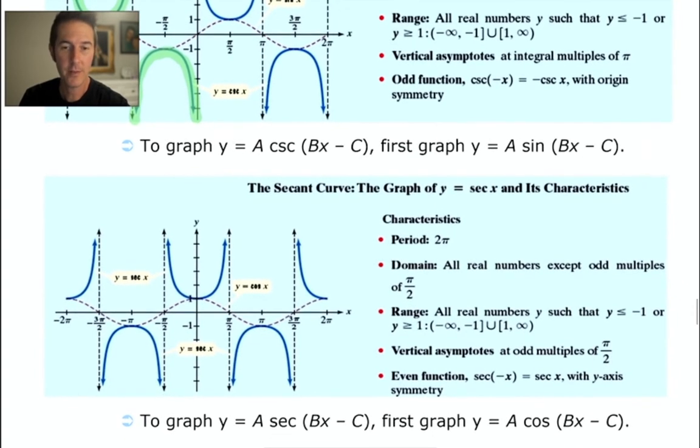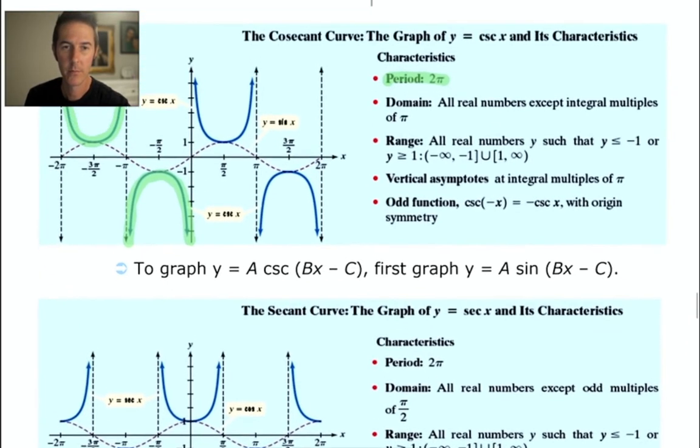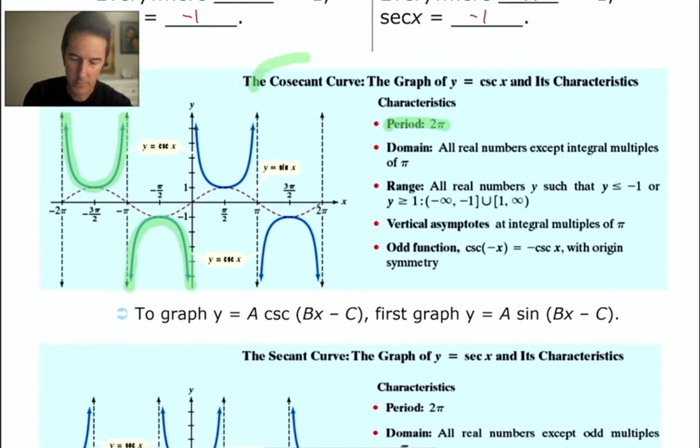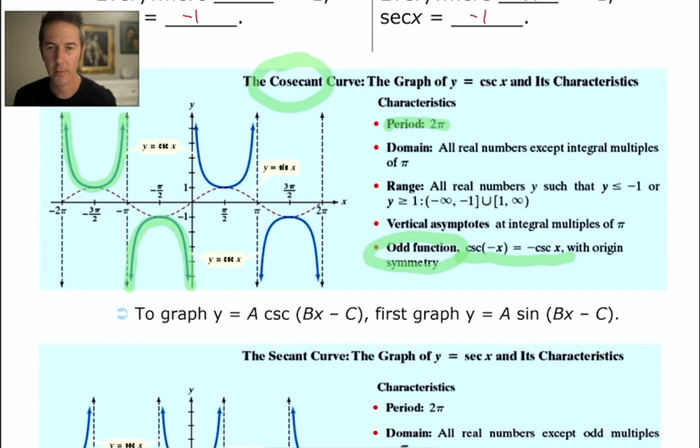I have previously said in a previous video, at least once, specifically when we were talking about even and odd functions, that secant and cosecant were both even functions. That's not true. The cosecant function is an odd function because it's symmetric about the origin, and because it's an odd function, the cosecant of -x is equal to negative cosecant x, which is typical for an odd function, okay?